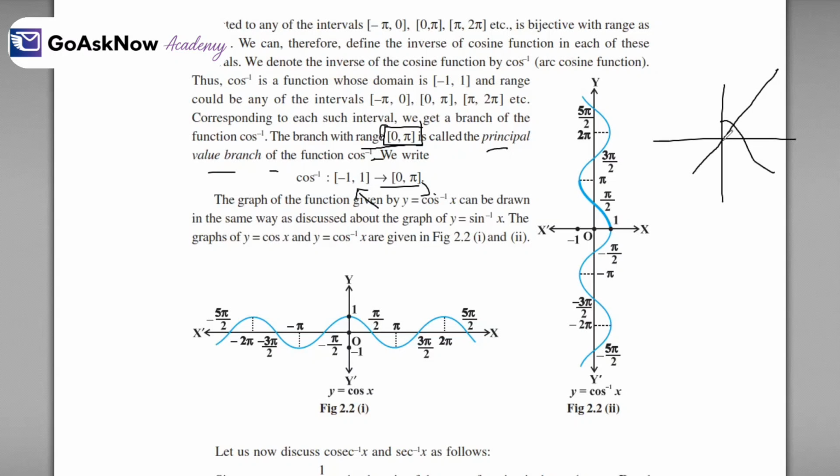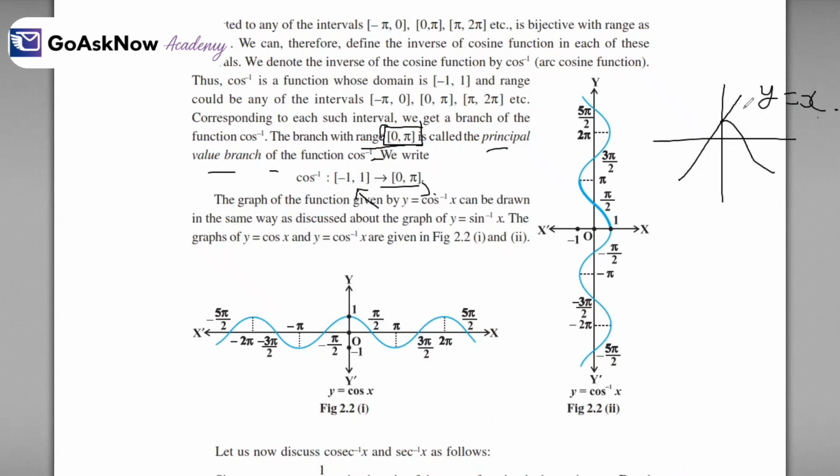So if you take the mirror image about the y equal to x axis. Okay. Just a minute. Yeah, I should make this y equal to x a little bit upper side. Yeah, y equal to x will be like this only.